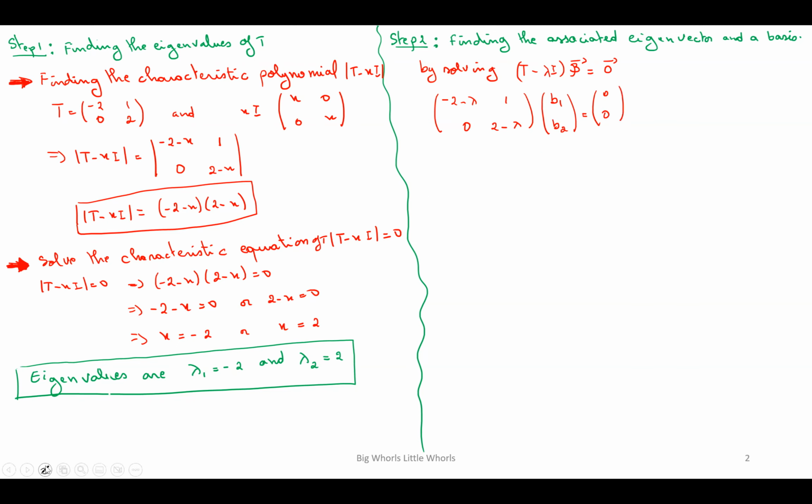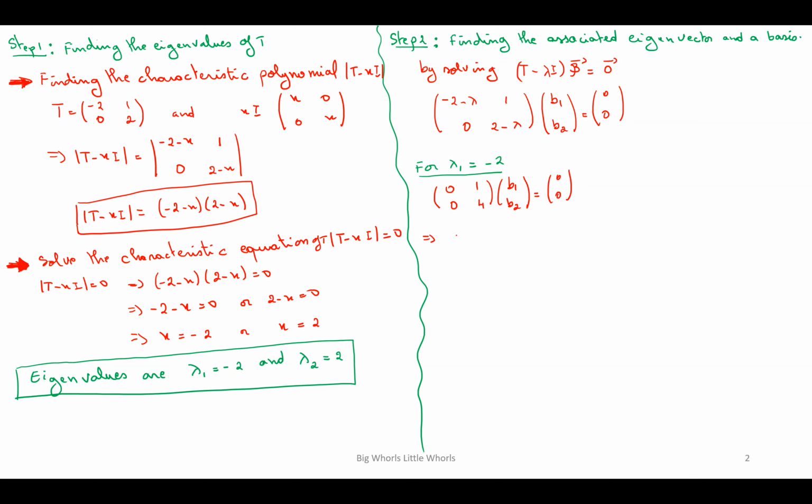Okay, so for lambda 1 equals minus 2, we have the following equation. Minus 2 plus 2 is 0, 1, 0, and 2 plus 2 is going to be 4. We have 4 here, times b1, b2 equals 0, 0.